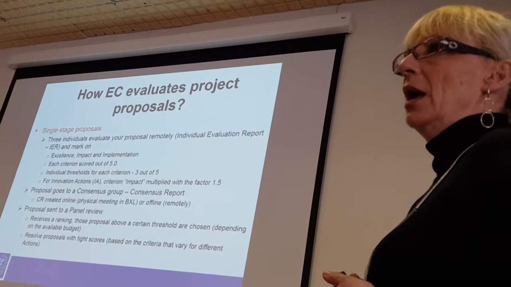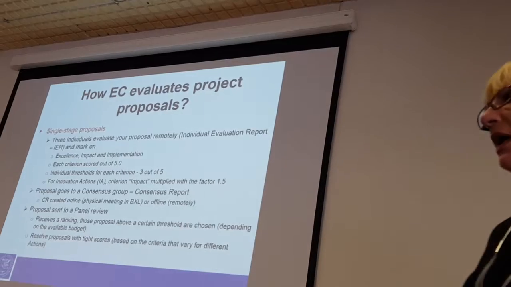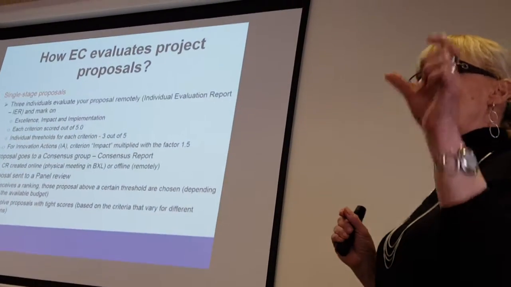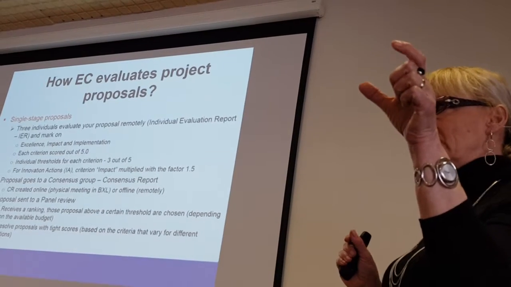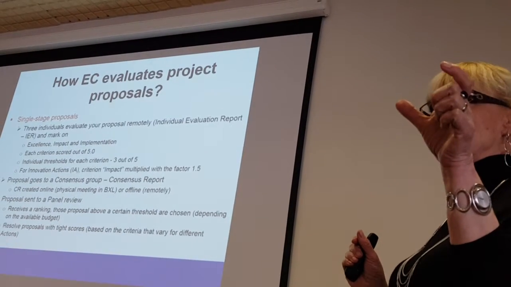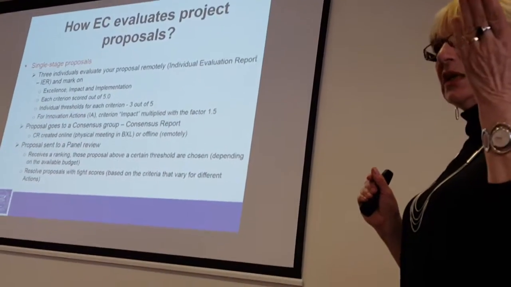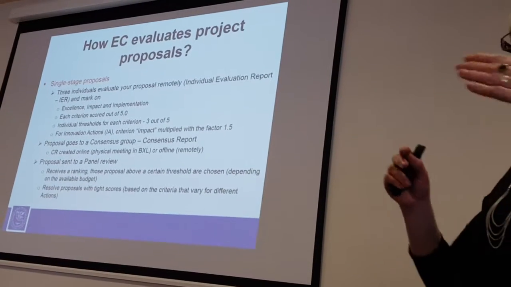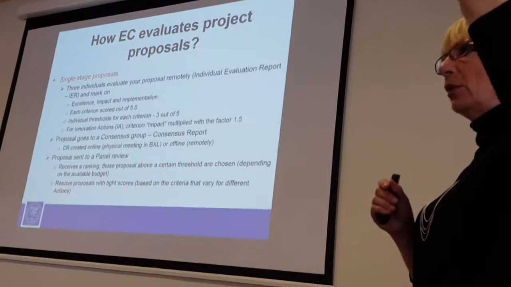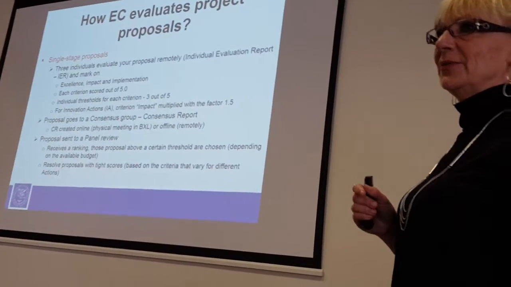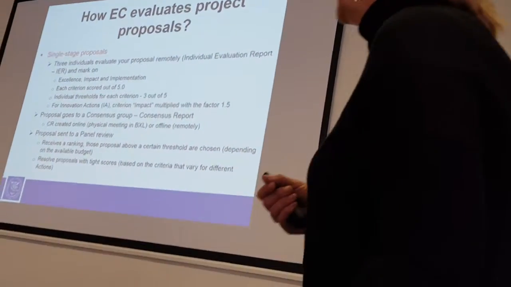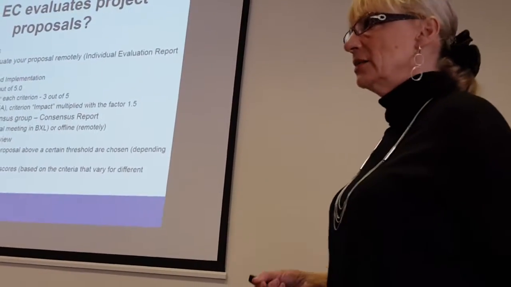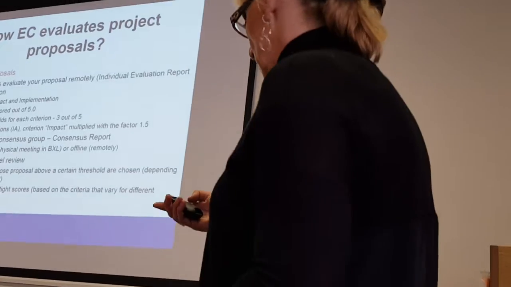For example, when you have a research and innovation action and you have 2 proposals with the same marks, then excellence is considered in the first place. So the proposal that has the highest score in the excellence part is ranked above the competing proposal. If it is an innovation action, then impact has the greatest value, and so on.